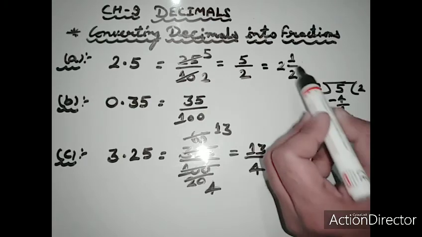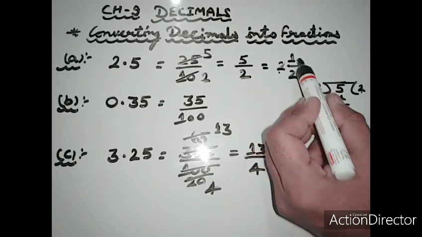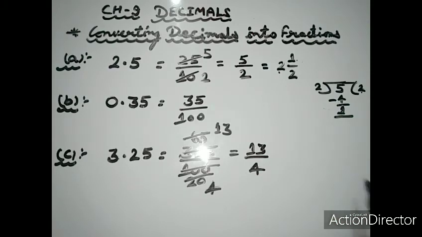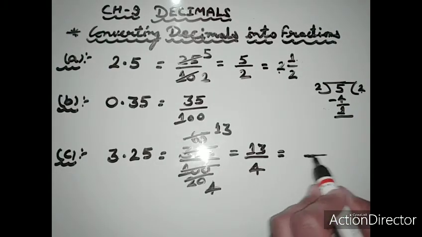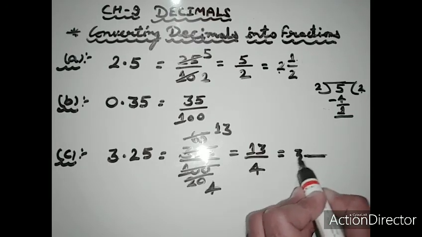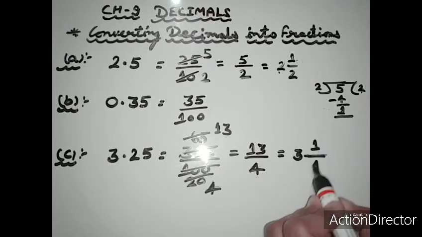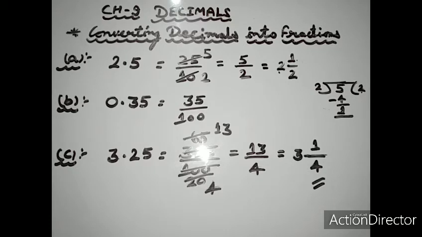So here we write this quotient here, this remainder here, and this divisor here. So we get 2 whole 1 upon 2. Now here we write 13 upon 4 as 3 whole 1 upon 4. 4 3s are 12 plus 1, 13. 13 upon 4.